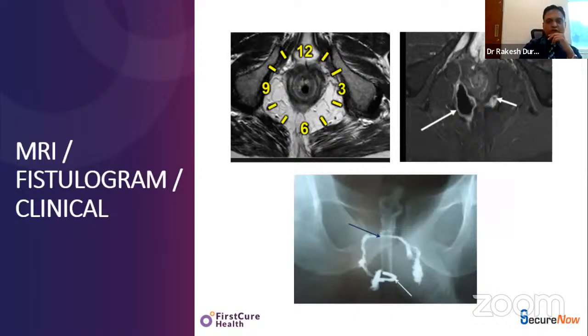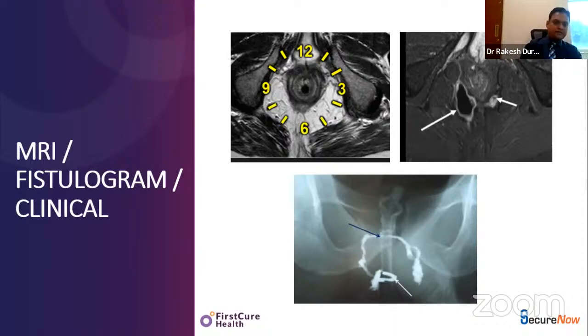Now, as I was telling you, like the dial of our watch, we decide how a fistula is to be diagnosed. It is a very common problem in India, but very little is learned about this disease by colleagues, friends, junior fellows, or surgeons, about what to diagnose and how to diagnose.